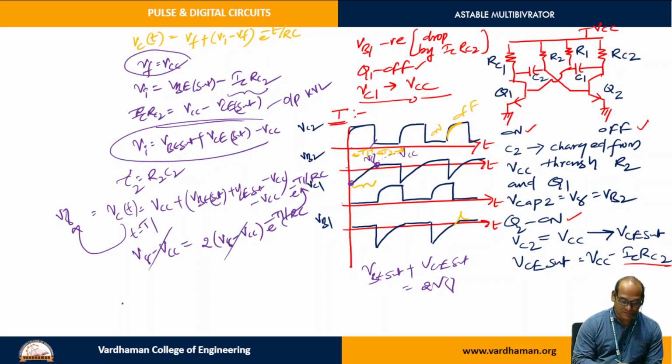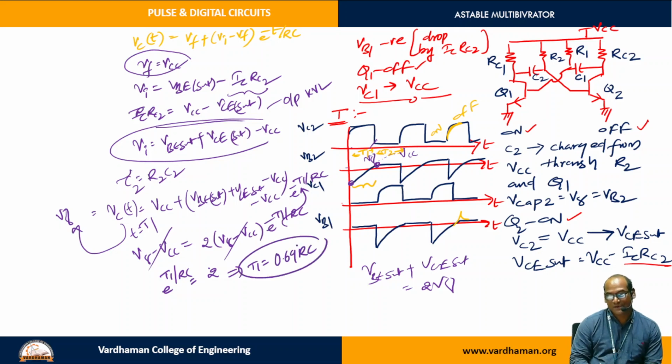So this one will be cancelled. Send this e power minus T1 by RC to the left side. So it will become e power plus T1 by RC. It is equal to what we will get now? 2. Take natural logarithm on both sides. Then finally you will get T1 is equal to 0.69 RC.